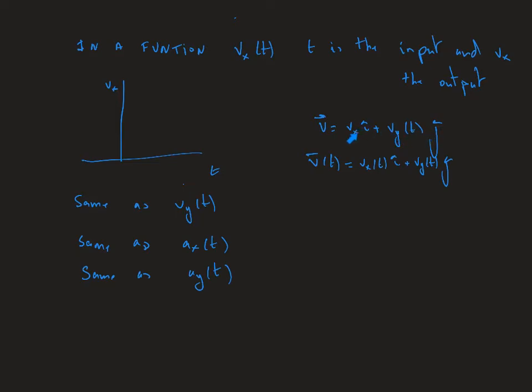And it could happen that this vx and vy are functions of time. Maybe they are not constants, like the vector 3i plus 4j. Maybe it's 3t and 5t, or 3t squared.